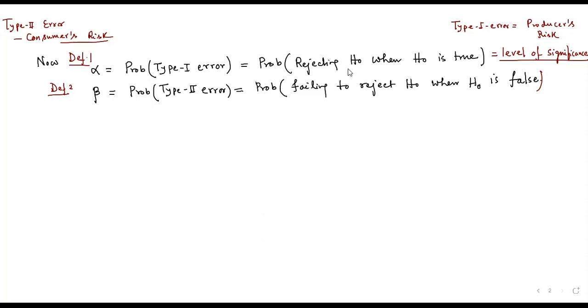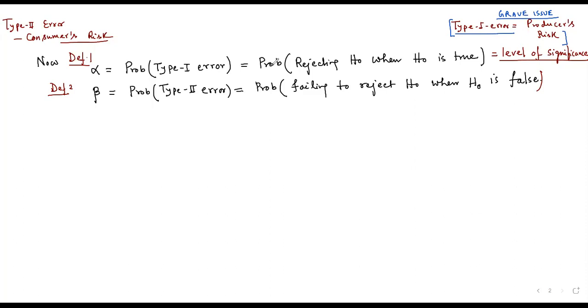So this is a very grave issue. If you want to compare the two issues and see which error is very dangerous, then always remember that producer's risk, or type 1 error, is very dangerous. Remember this. I'm not going to explain it right now.